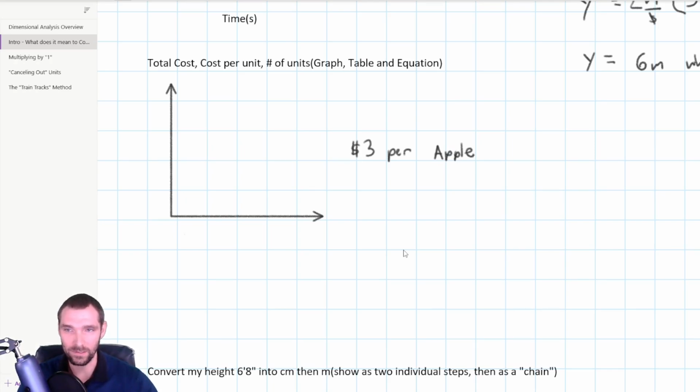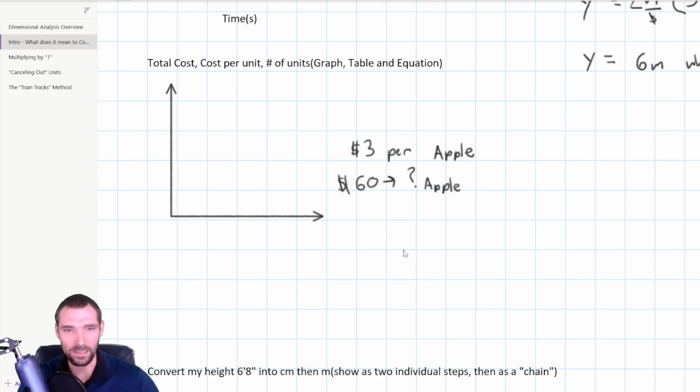So this is $3 per apple. And let's say you have $60 and you're asked, well, how many apples can you get with that? You might be able to do that math in your head.